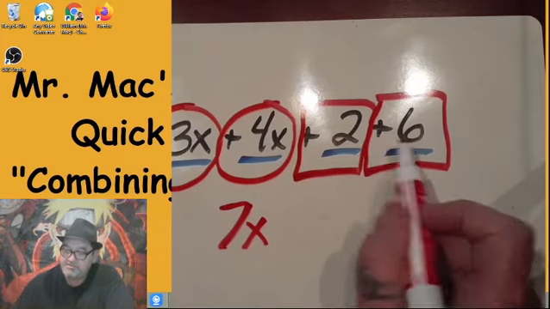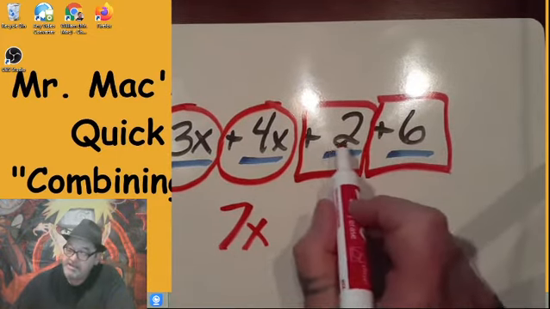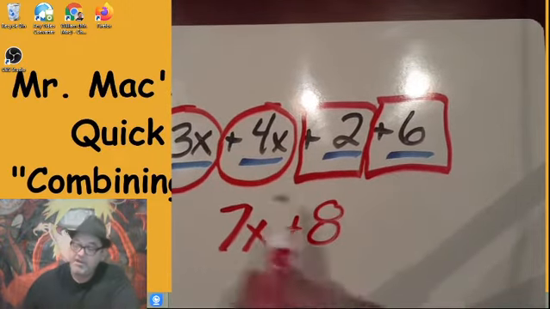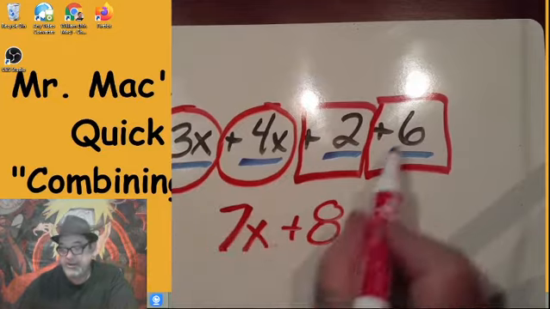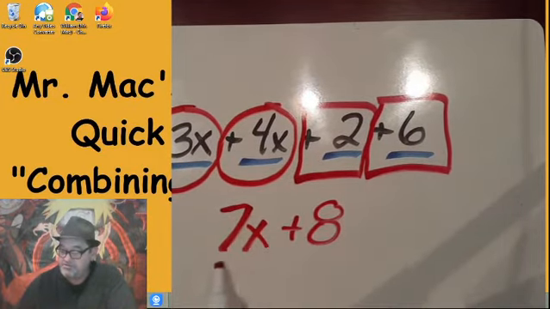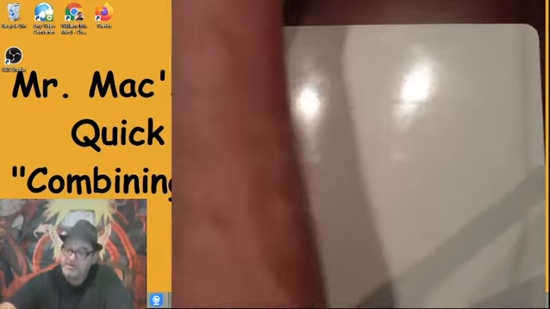If I combine these, which means to add, then I'm just going to add 2 plus 6 together and make 8. So here I've cleaned up or organized this initial expression from 4 terms into 2 terms because I could combine terms that were alike. Let's try another example.